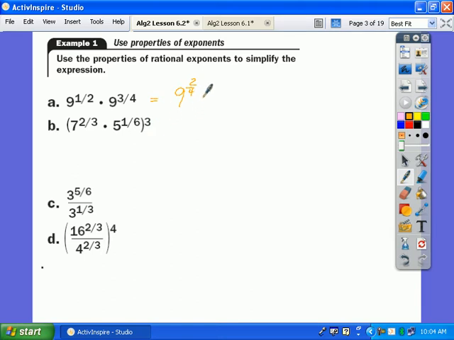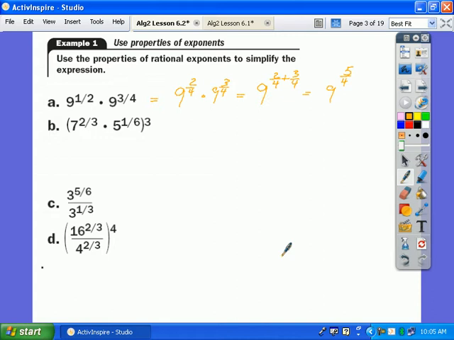So 9 to the 2/4 times 9 to the 3/4 equals 9 to the 2/4 plus 3/4, which is 9 to the 5/4. Okay, and this is just an application of the first property. We simply add the exponents together.